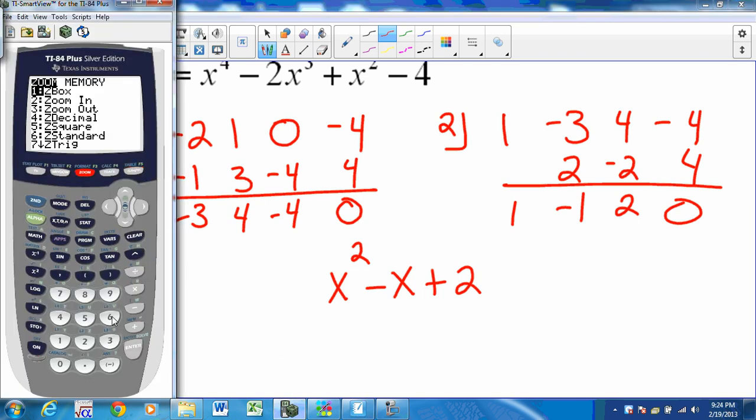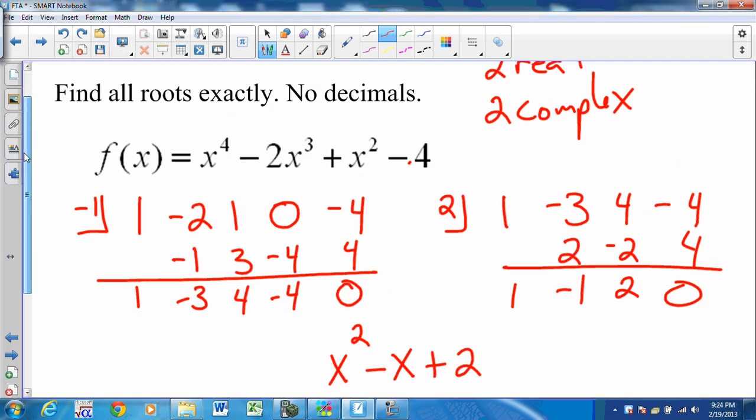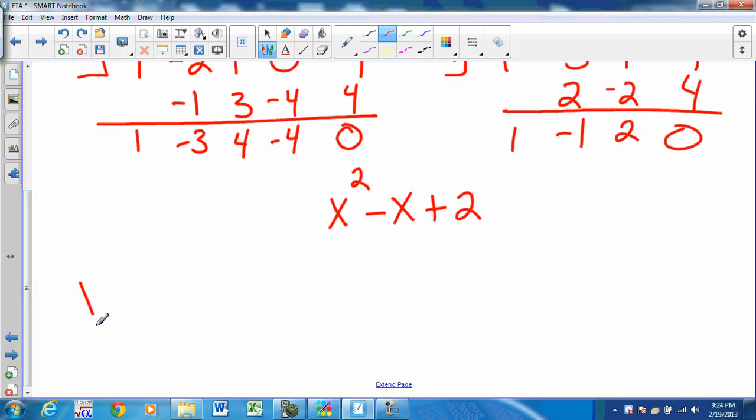As I look at my graph, I only have 2 roots. That means I have 2 real roots. I have 2 imaginary, 2 complex. And the only way to find those is the quadratic formula. So we got to pull back out the quadratic formula.